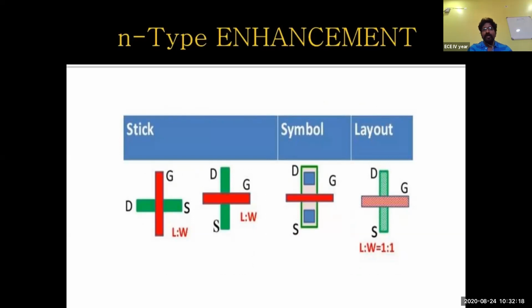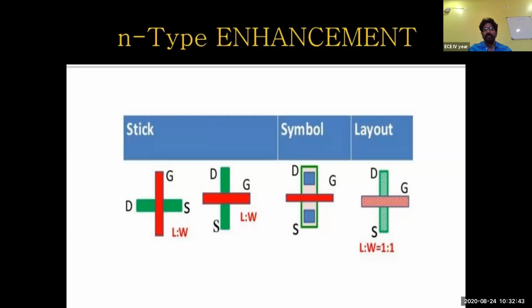It's an N type enhancement mode transistor. You can see here 3 terminals. Whenever a gate terminal or polysilicon runs perpendicular to the diffusion, then we call it a transistor. So these are the 2 different types of notation we can use. In the first one, a horizontal diffusion has been taken and a vertical polysilicon has been taken.